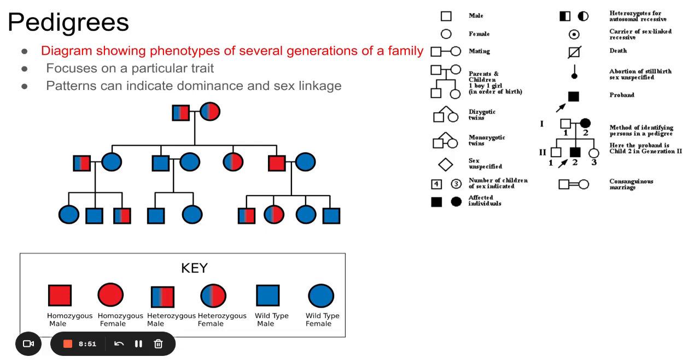Circles represent females. What do you think it means if two people are connected side to side like this? They have babies. They have children. Where are their children going to be? On the bottom. Below them.